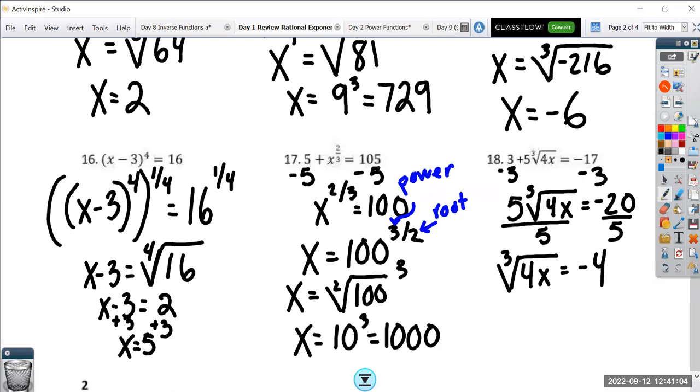Now to get rid of a cube root, I'm going to cube both sides. And finally, dividing by 4. Should be a -64, thank you, to get an answer of -16.